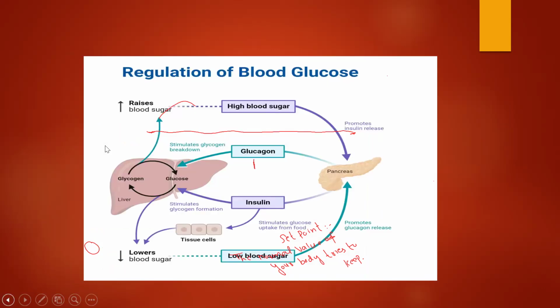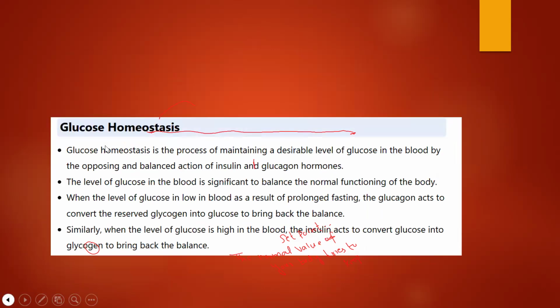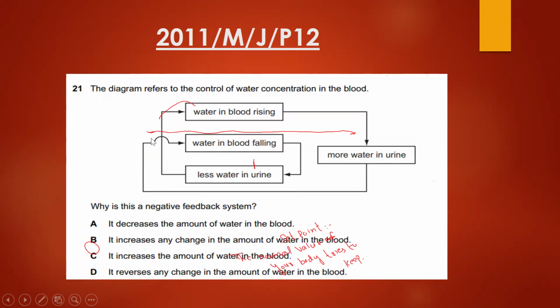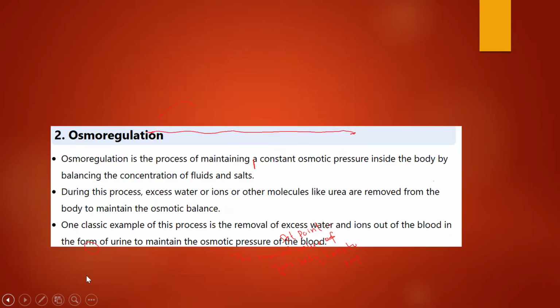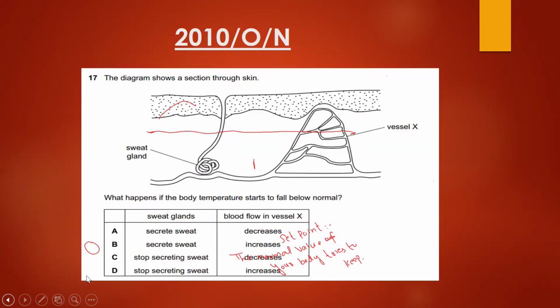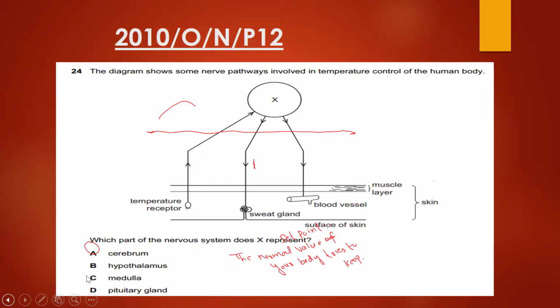And in the last class, we discussed the water concentration, how water potential increases and decreases. We also discussed this in the last video. This is also called osmoregulation, homeostasis. We discussed this, and we discussed the past paper question answer as well.